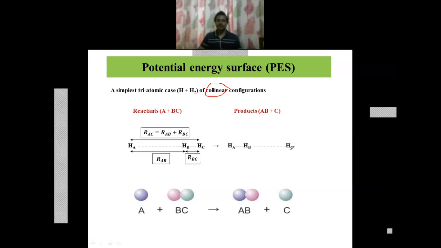Again, the C hydrogen atom is infinitely separated from this H2 AB, right? So it's pictorially like this. The blue color is coming with the purple color, then the light blue color is going to go away. So that is the system we are thinking about, and this is of course the collinear approach.